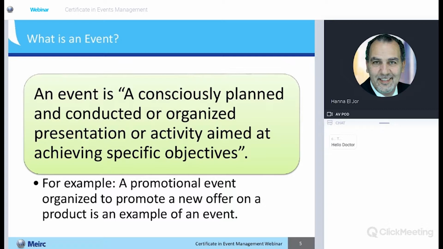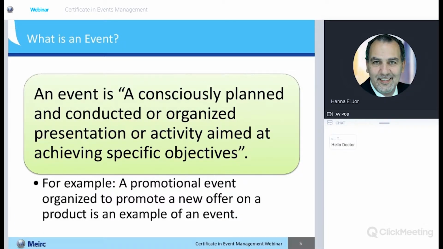By definition, when we talk about an event, and in this quote unquote definition, there are many keywords. It is a consciously planned and conducted or organized presentation or activity aimed at achieving specific objectives. So some of the keywords here, the first one is consciously. It doesn't happen just out of nowhere.